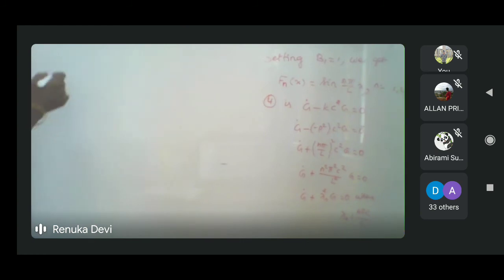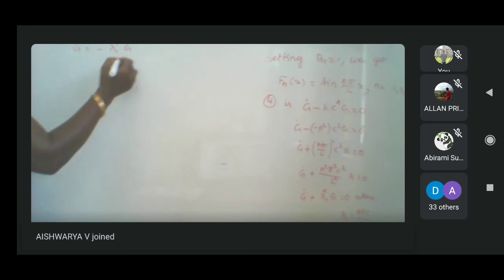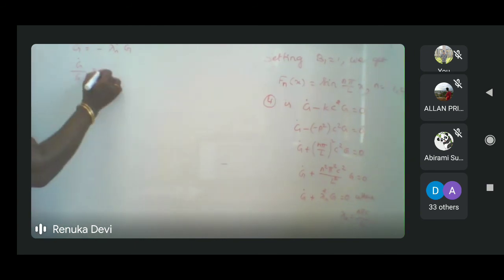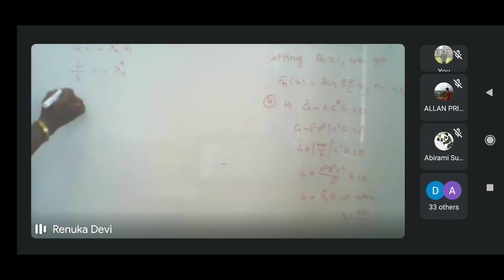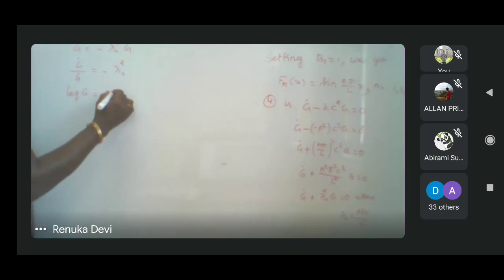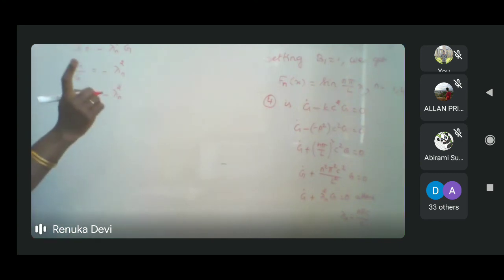Therefore, g double dot equals minus lambda n squared g, so g double dot by g equals minus lambda n squared. If we integrate this, what do you get? Log g equals minus lambda n squared. g is a function of t, that you have to keep in mind, so this is g of t.